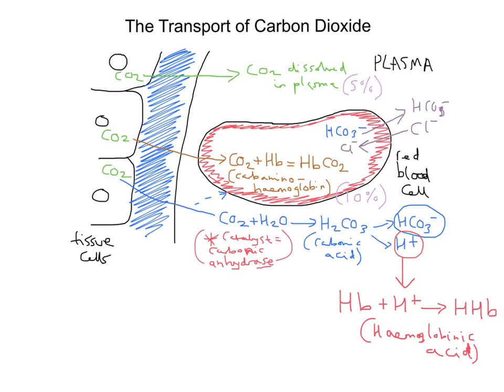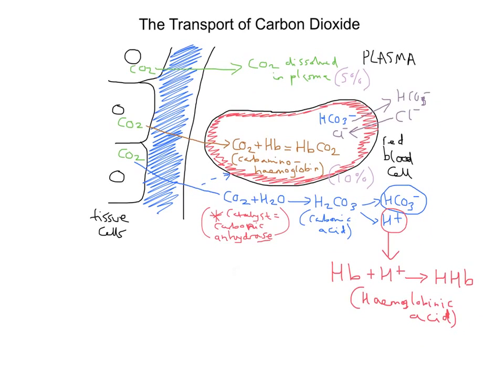So again, we'll just shrink the size of the screen a little bit more. Let's put this into a real context. Let's say we have just a very quick sketched graph at the bottom here, and on the x-axis we have the PO2. Now that symbol, the small p, means partial pressure of oxygen, and that's going to be in kilopascals.